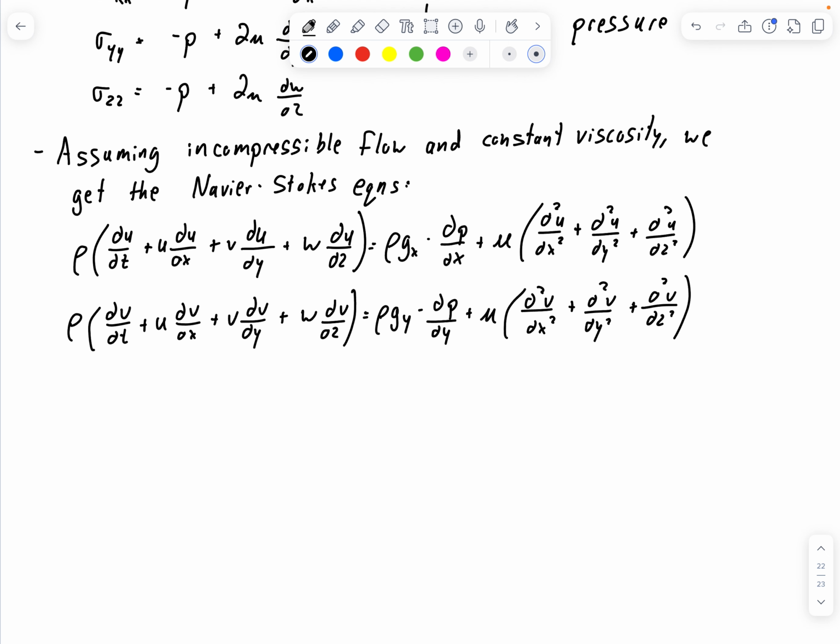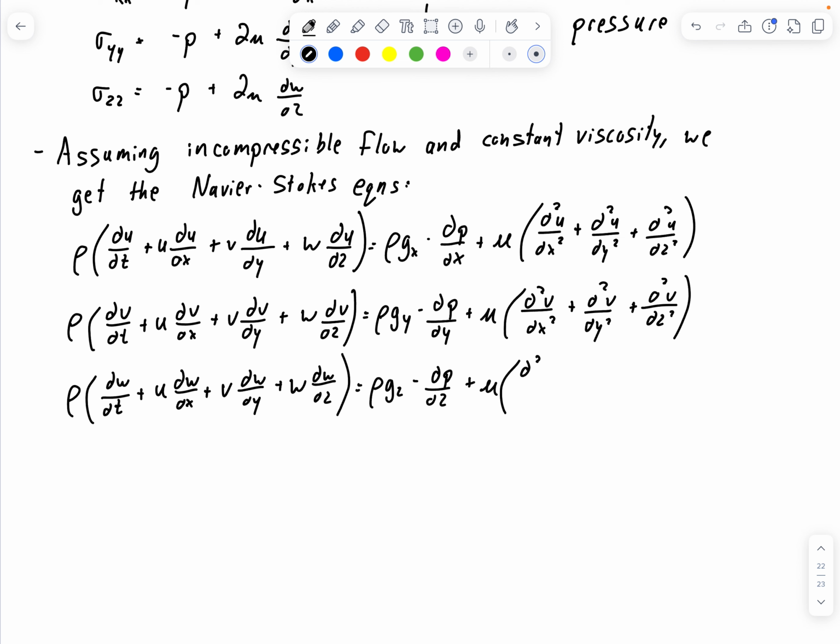And finally, we have the z component, rho times del w by del t plus u del w by del x plus v del w by del y plus w del w by del z is equal to rho gz, the gravity component in the z direction, minus del p by del z, pressure gradient in the z direction, plus mu times del squared w by del x squared plus del squared w by del y squared plus del squared w by del z squared.